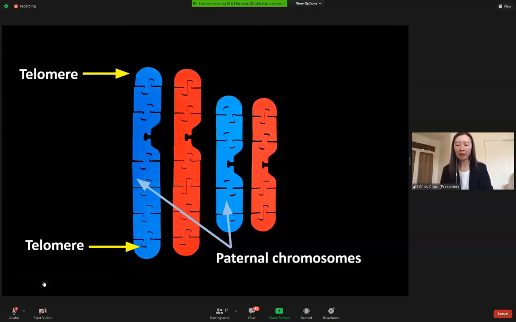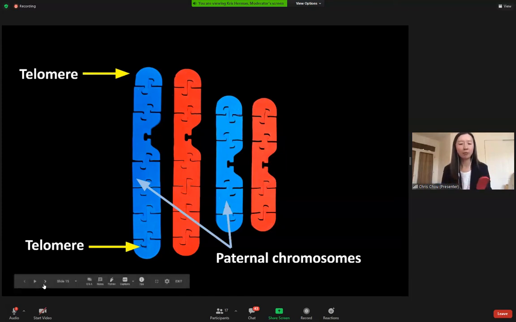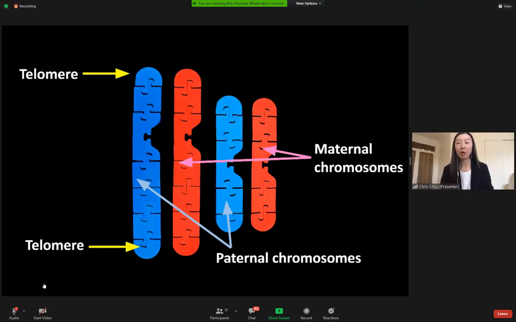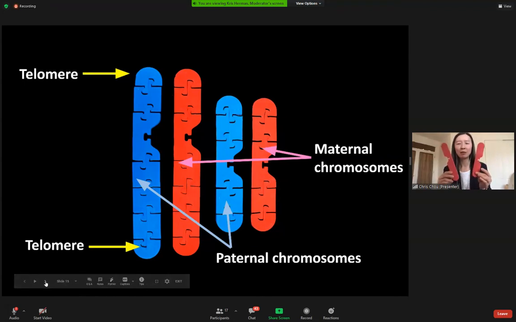Getting to the coding sequences, the different colors represent paternal and maternal chromosomes. The ones that are blue are the chromosomes you inherit from your father, or the male contributor to the DNA of a diploid organism. And then the red ones represent maternal chromosomes. You'll notice that there are 2 copies of each type of chromosome.